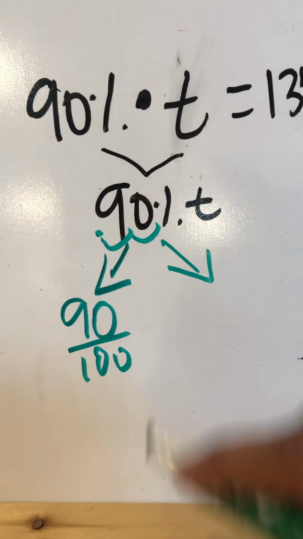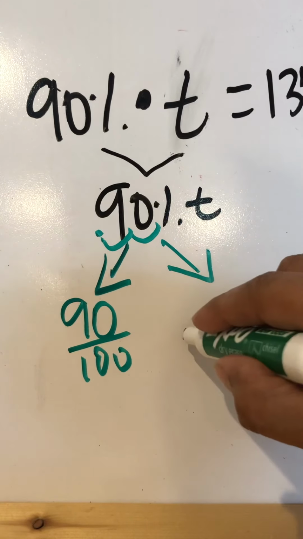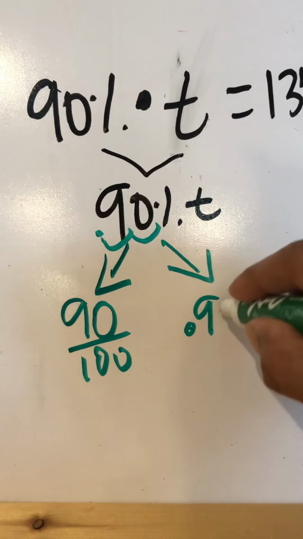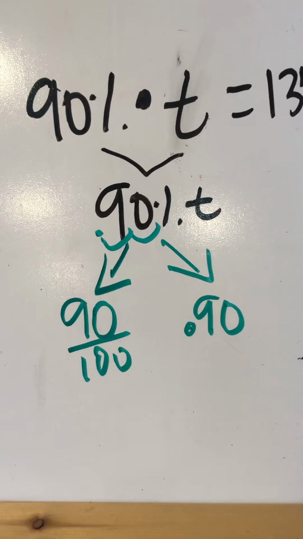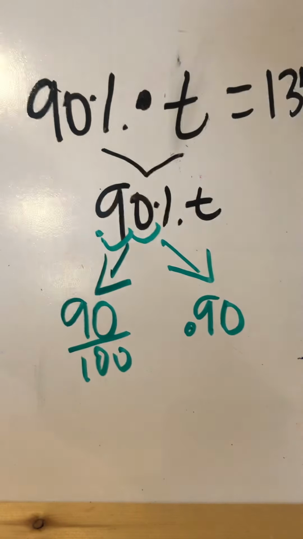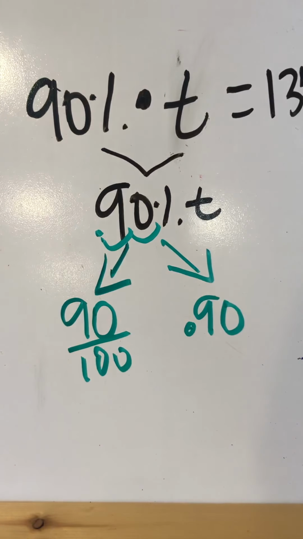The rule is to move the decimal twice to the left, and that makes it a decimal. So 0.90, 90 hundredths. So the choice is yours. Are you going to use a fraction or a decimal? Well, I like decimals better.